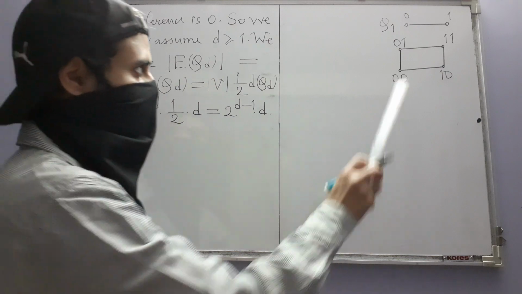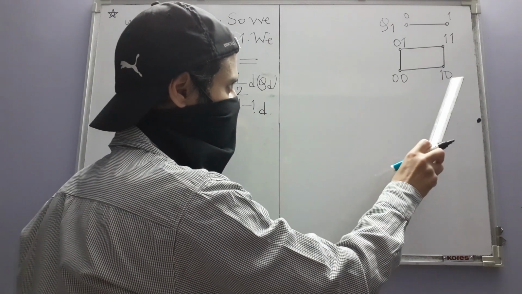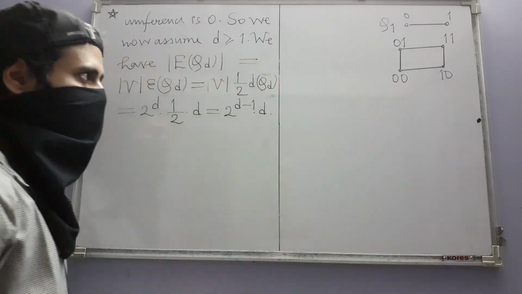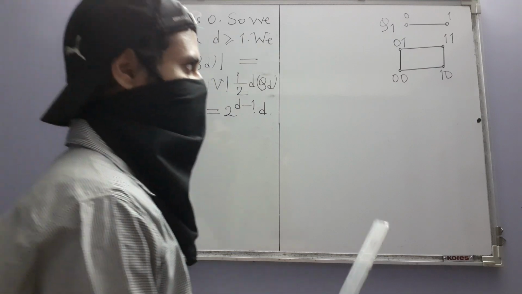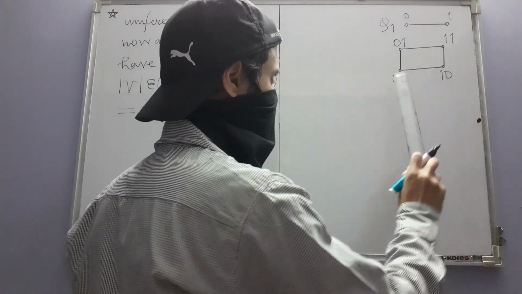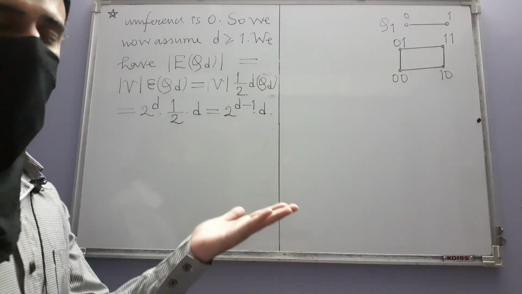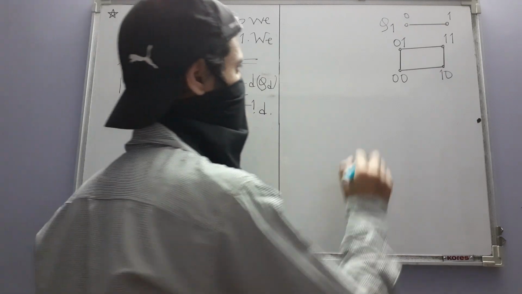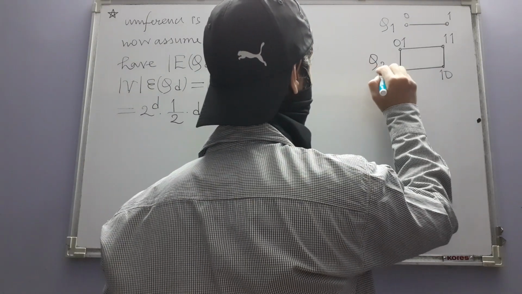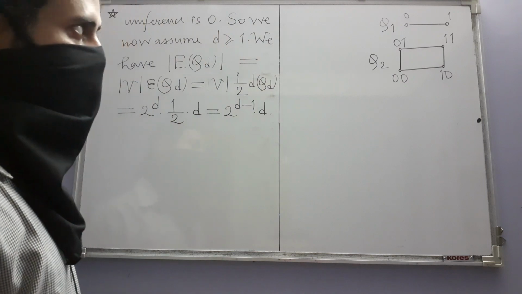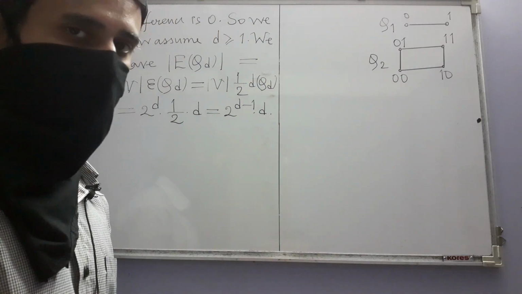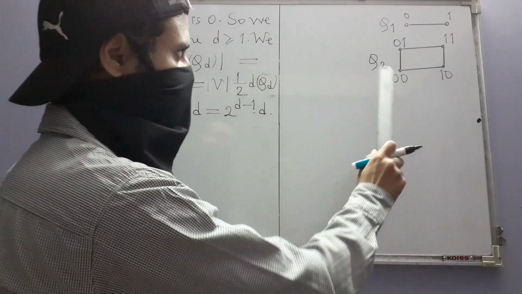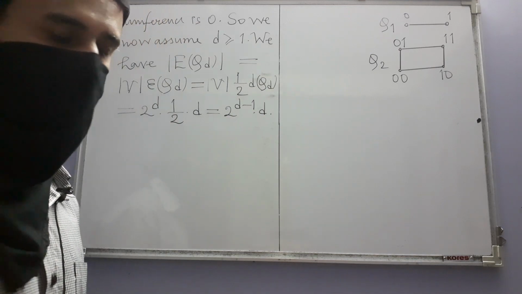And you can see that between this one and this one both the positions differ, so they will not be adjacent, and similarly this and this will not be adjacent. So this is our Q2. So Q1 is just the path P1 of length 1, Q2 is just the cycle C4.